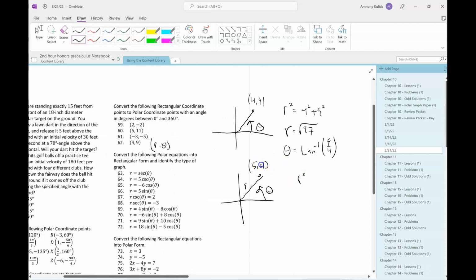So r squared is 5 squared plus 11 squared. So r is 25 plus 121. So that's 146. And theta, since it's in the first quadrant, is just tan inverse of y over x. And you're done. Bingo, bongo, bungo.